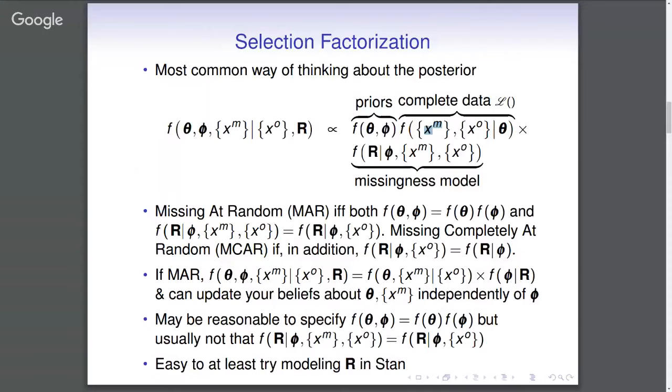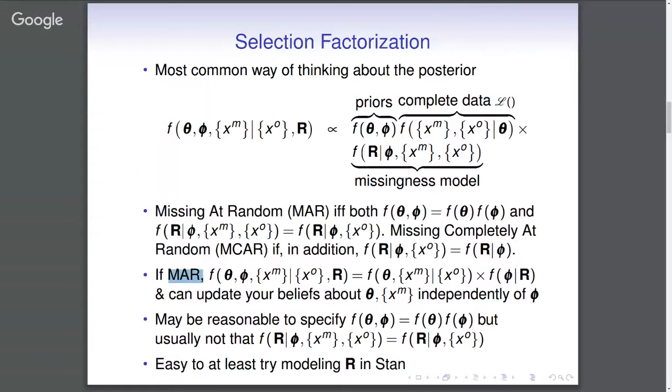We still had to do X true, but we didn't have to model any R or anything like that. So if the data generating process is missing at random, the two parts of the model are independent of each other. You could update your beliefs about theta independently of your beliefs about phi. And if you actually don't care about phi, then you don't need to update your beliefs about phi at all.